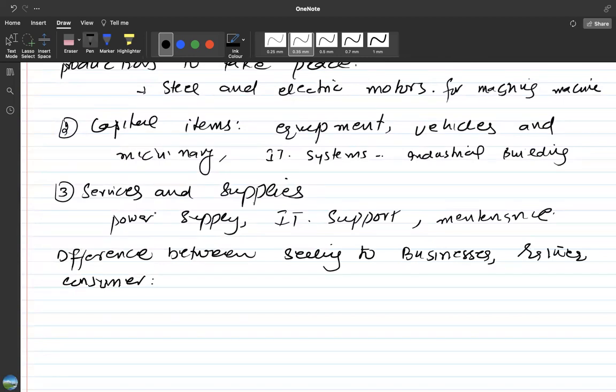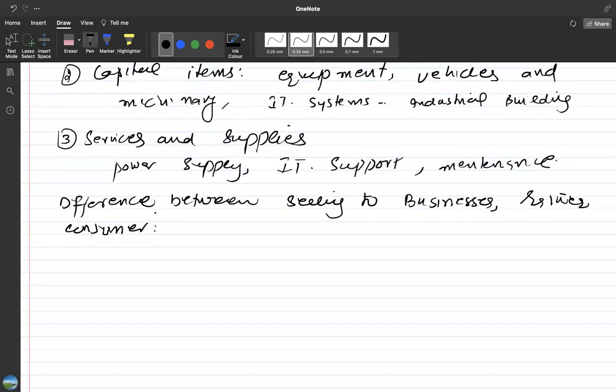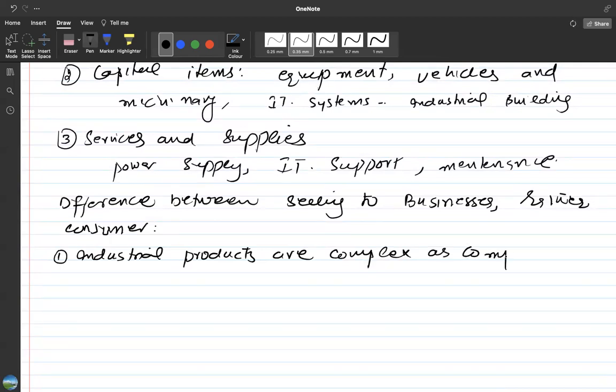First of all, most industrial products, such as equipment for power stations, are much more complex than many consumer products.